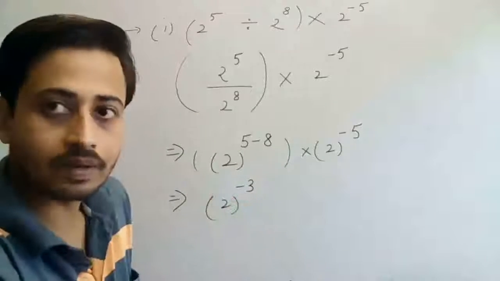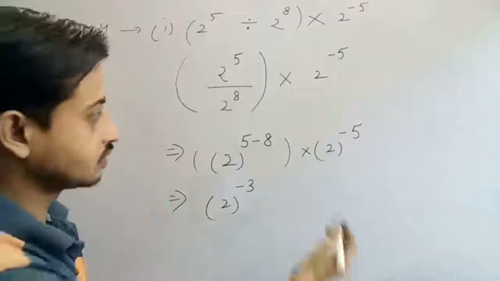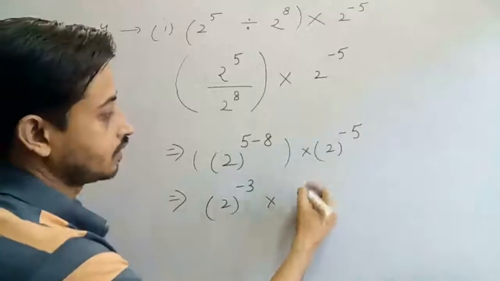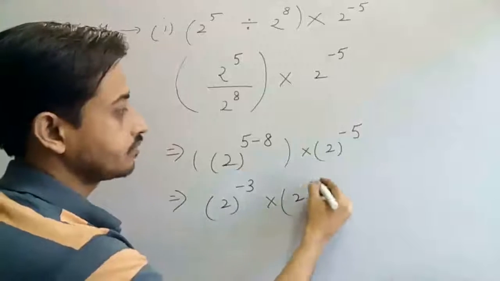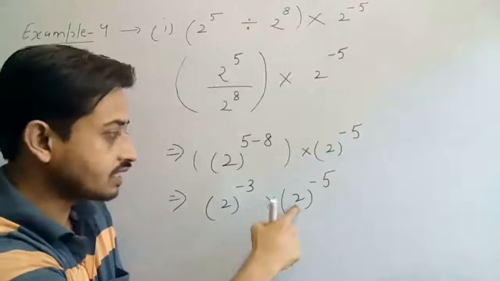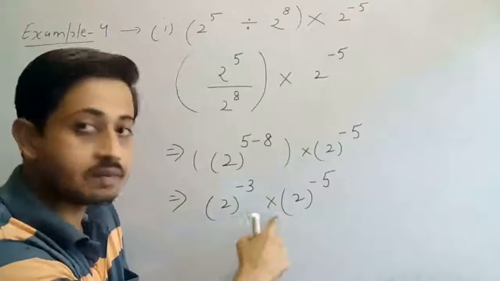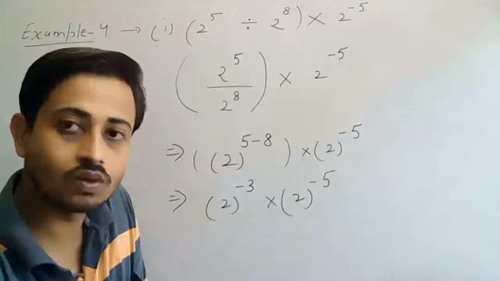Now we solve the bracket because in the bracket there is only one term, so we can remove the brackets. So we get here 2 raised to the power negative 5. Now please again look. Now the exponents are the same and the terms are in multiply. So what's the rule?